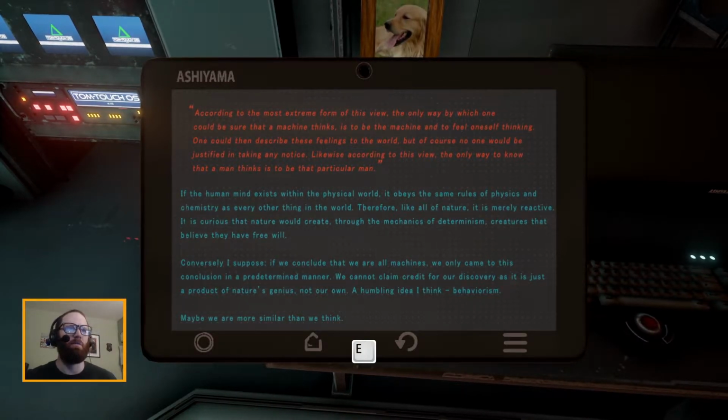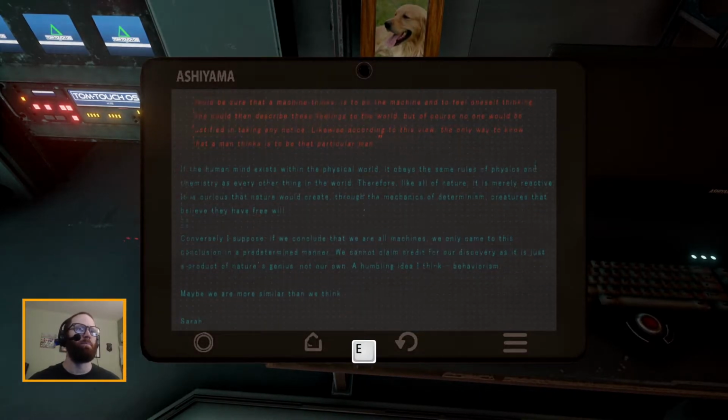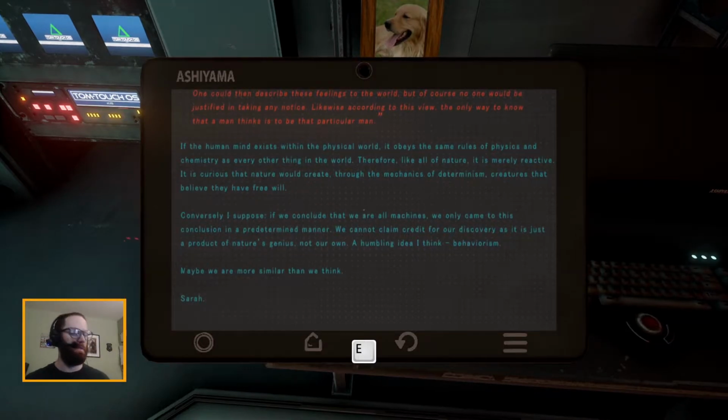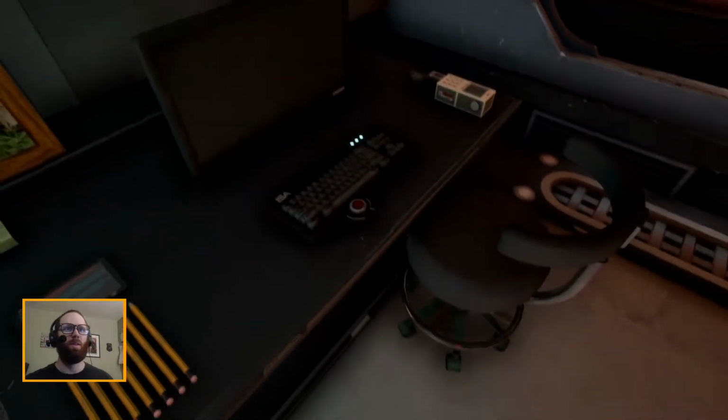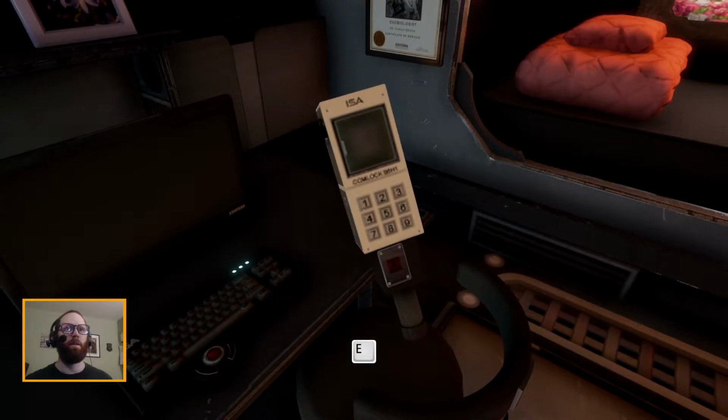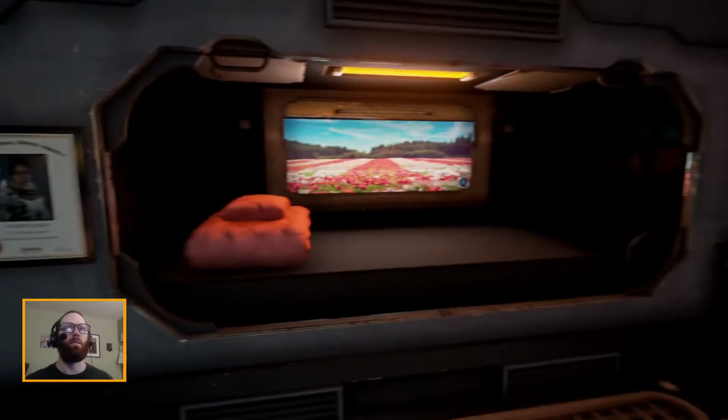Conversely, I suppose if we conclude that we are all machines, we only came to this conclusion in a predetermined manner. We cannot claim credit for our discovery, as it is just a product of nature's genius, not our own. A humble idea, I think, behavioralism. Maybe we are more similar than we think. Sarah. Okay. Well said. And long-winded. And you never really got to the point, but okay. Well said.